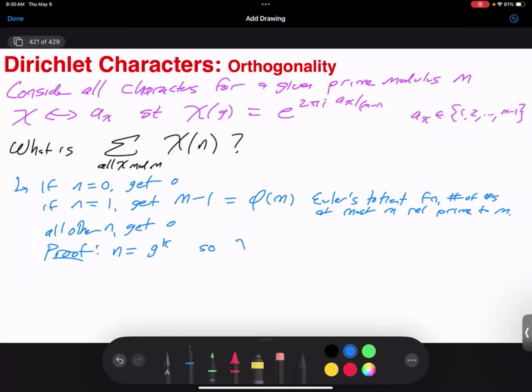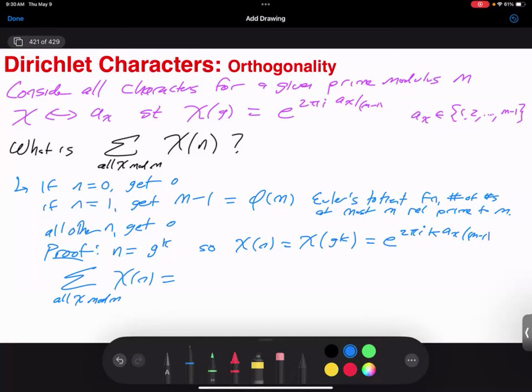So chi of n would be chi of g to the k, which would be e to the 2 pi i k a sub chi over m minus 1. Do we agree that that's what the effect of chi would be on n? So now the sum over all chi mod m of chi of n is basically just the same as the sum over a sub chi from 1 to m minus 1, because you give me a chi, and that's the corresponding value of a sub chi.